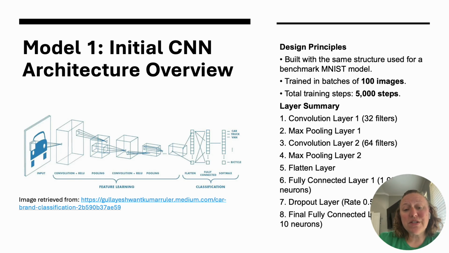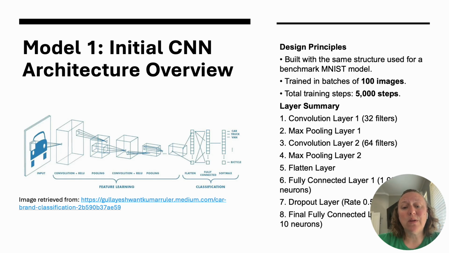We start with the first convolutional layer, which applies 32 filters with a 5 by 5 kernel size, using same padding and ReLU activation. This produces feature maps of 28 by 28 by 32.